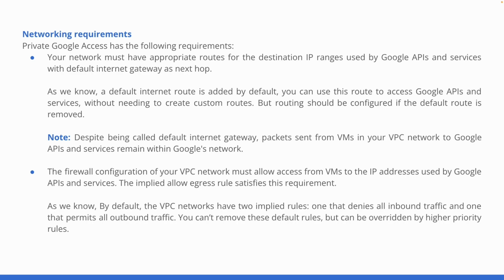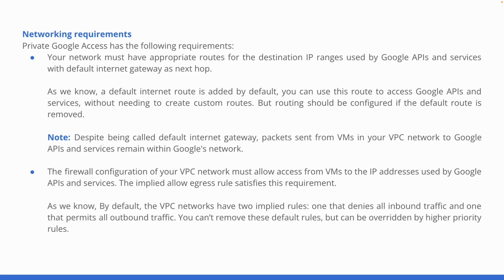So we need to permit the traffic to the IP addresses used by Google APIs and services, and we know that one implied firewall rule permits all outbound traffic. So we don't need to create any additional firewall rule unless we have overridden this particular rule.